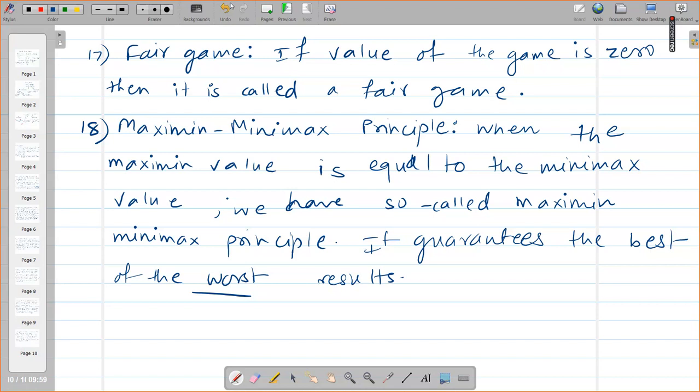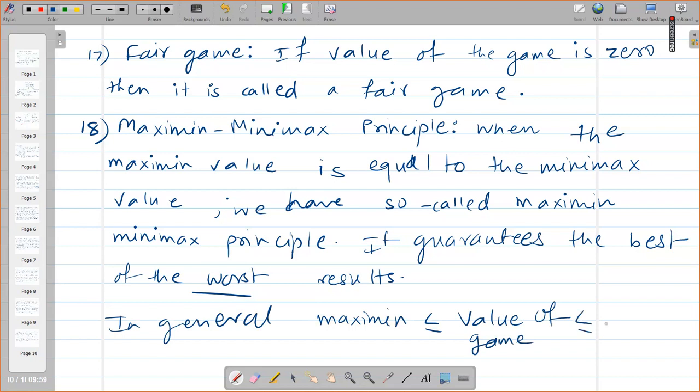But it is not compulsory that every time maximin will be equal to minimax. That is not necessary. In general, you can write: maximin is less than or equal to the value of the game, which is less than or equal to minimax.